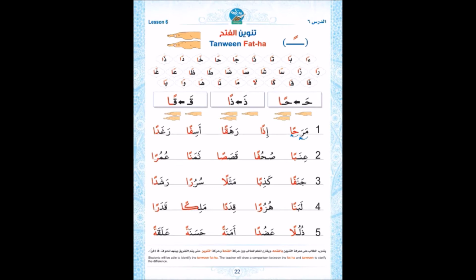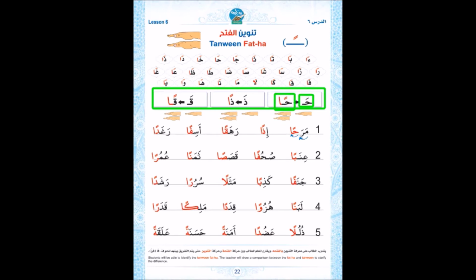Also, another objective of this lesson, as shown in the instructor's boxes, is that tanween fath is very closely connected with the fatha, and we want the student to visualize it as 2 fathas with a different sound given to the letter. For example, ha fatha ha, ha fathatain han.